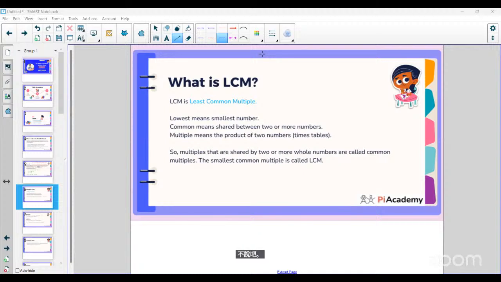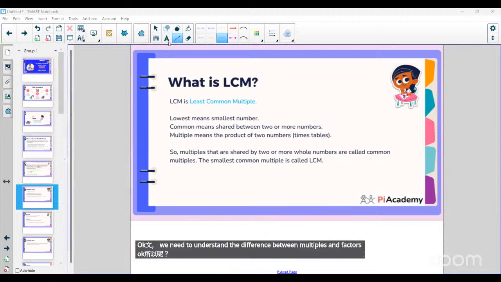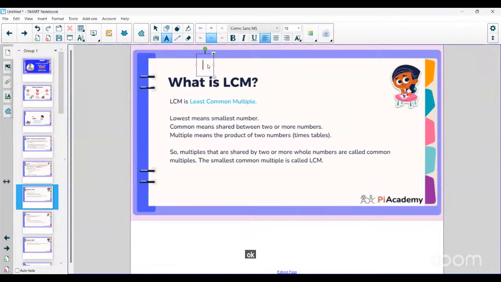Okay. Well, we need to understand what's the difference between multiples and factors. So let's say I have a number 2. When I talk about multiples of 2, what I'll do, I'll just multiply it.